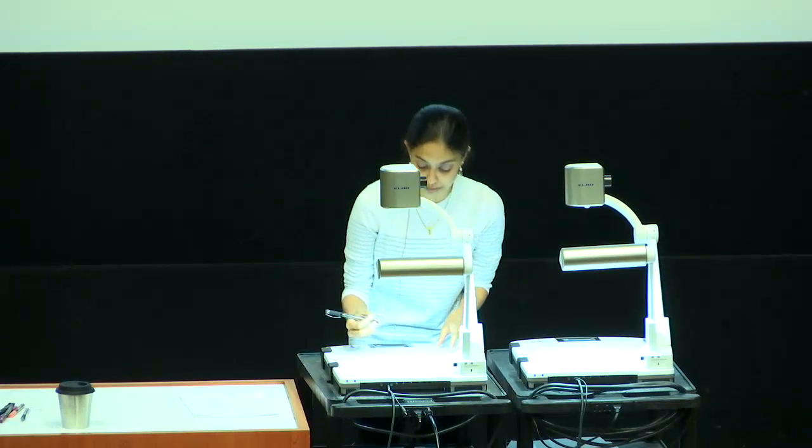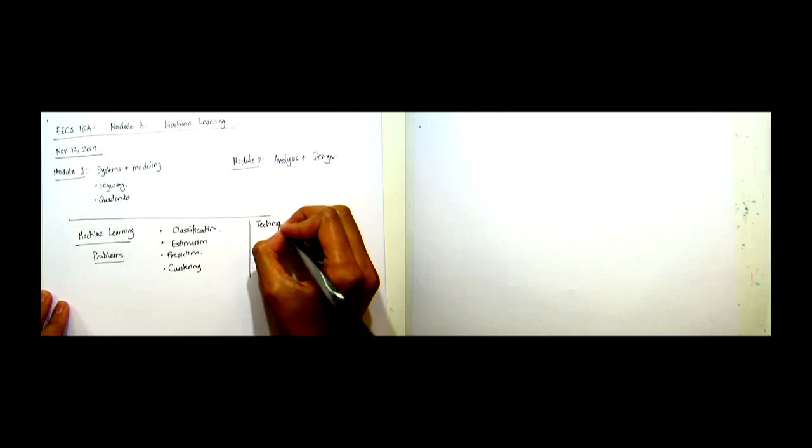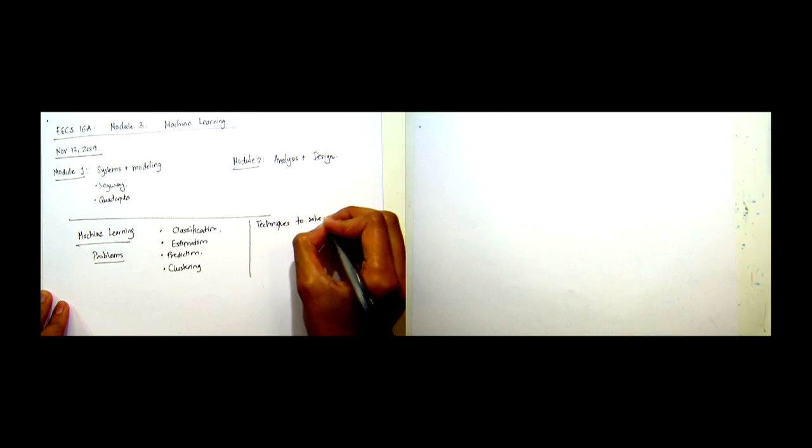But there's also what we want to talk about: we don't just want to talk about problems, but we also want to talk about techniques that can be used to solve these problems, right? Just talking about problems isn't particularly interesting. So, what are the techniques that we are going to use to solve these?